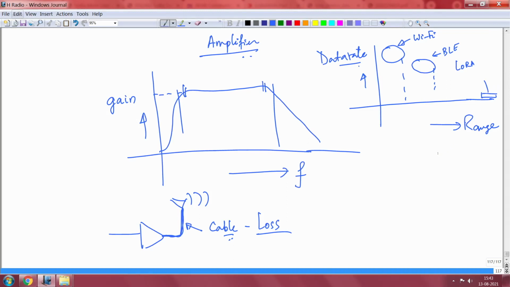The way to understand this idea is that the way to get a desired range is either to increase the transmission power, very high transmission power like the old days AM radios, amplitude modulated radios, where it used to be in kilowatts of transmission power, or you reduce the rate at which the data transmission happens. Either this or that will give you a good amount of range.